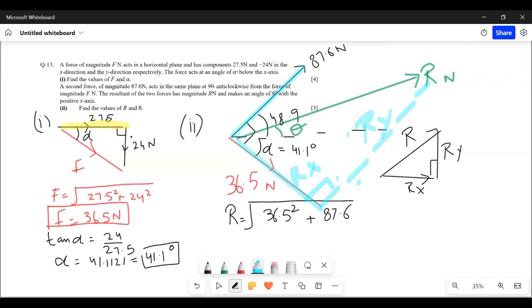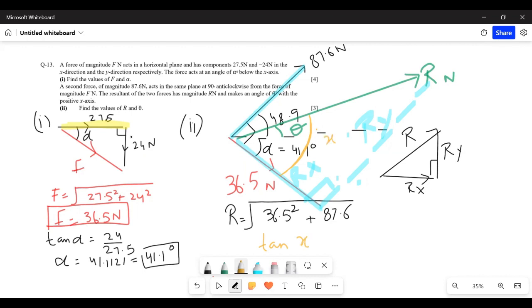Okay, now we need theta. सो थीटा के लिए हम क्या करें? You can find this entire angle, यहाँ से लेकर यहाँ तक, using tan, और उसमें से फिर alpha माइनस कर देंगे तो हमारे पास थीटा आ जाएगा. ठीक है, let's do that. So tan, let's call that angle, इसको कोई और नाम दे देते हैं. अल्फा है, थीटा है, let's call it x.